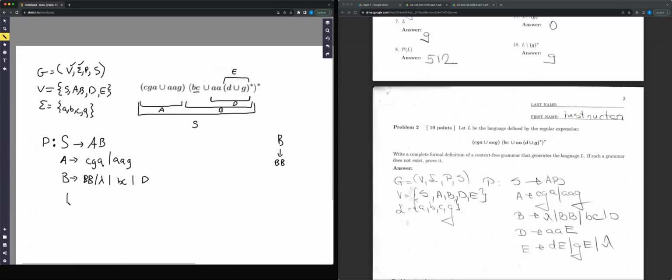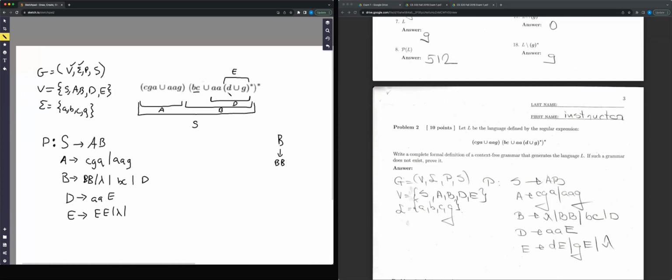In D, all we do is write two A's and then say, hey, let E figure out whatever this part is. And now E needs to figure this part out, so we could follow this exact rule here and say EE or lambda.